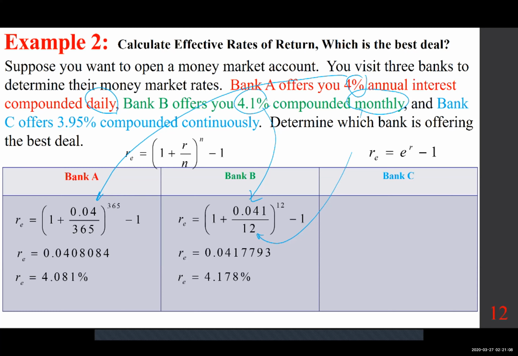Now, the last one is going to be done continuously. So we use this formula: e to the power of 0.0395 minus 1. And we end up with that, which is 4.029.